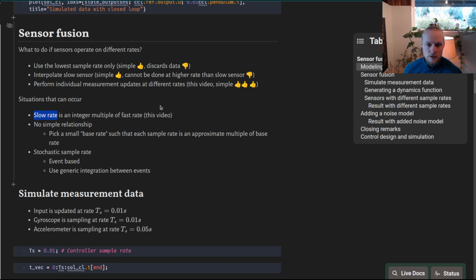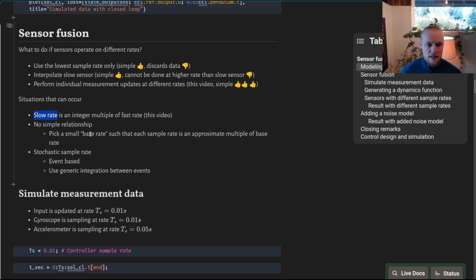Okay, so that's quite simple, and we would just perform the accelerometer measurement update every second iteration. But sometimes there is no simple relationship between the sample rates. So what do we do then? We might pick a small, I call it a base rate, so that the sample rate of each sensor is approximately some integer multiple of this base rate. That's a simple way to handle that.